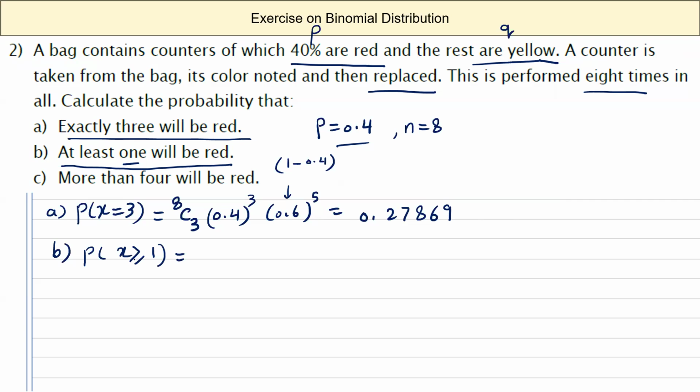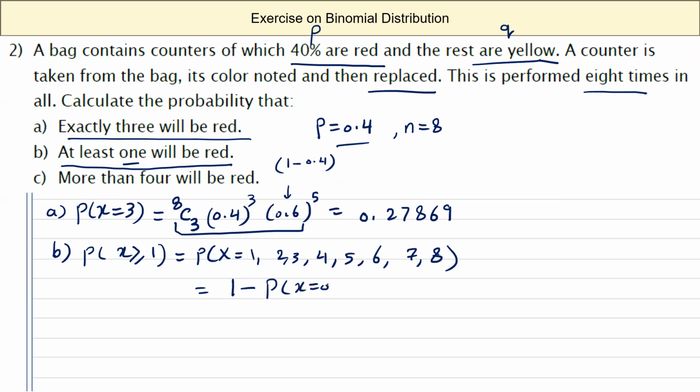The probability of X bigger than or equal to 1 means the probability of X equals 1, maybe 2, 3, 4, 5, 6, 7, and finally 8. 8 here means in the 8 trials, the number of red is 8. So instead of calculating all these values from 1 to 8, you can calculate the opposite: 1 minus the probability of X equals 0.